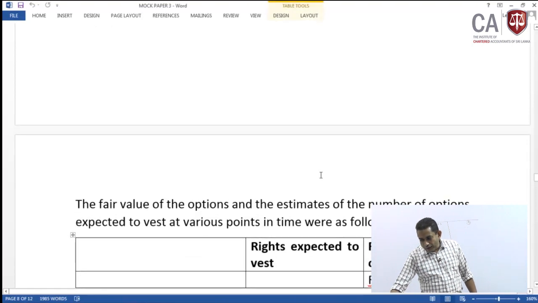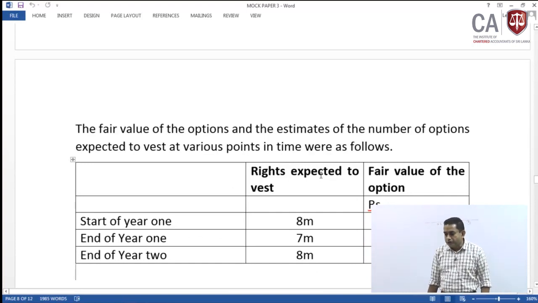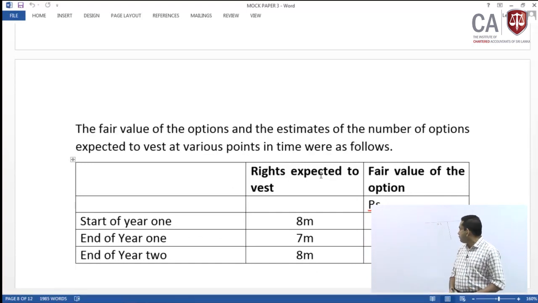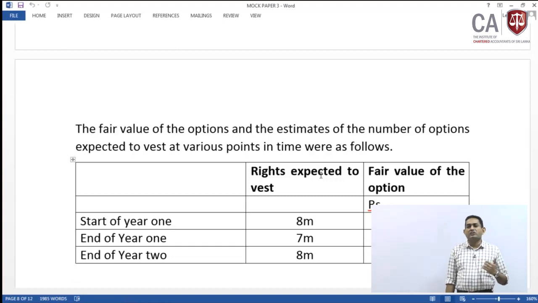Now, the question is given from SLFRS on share based payment transactions, and this is under the equity settled share based payment category. Identifying whether it is equity settled or cash settled will be extremely important. Why? The measurement criteria will be different.